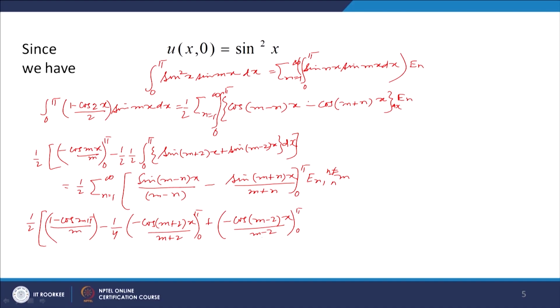So, for this to be able to divide the cosine function by m minus 2, we need to consider m not equal to 2. So, m is not equal to 2 here, alright.